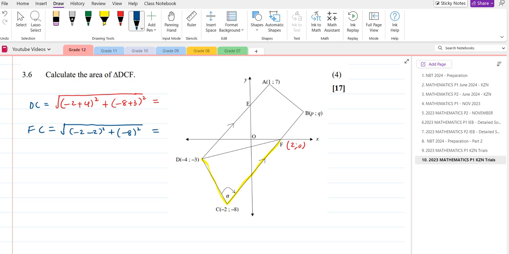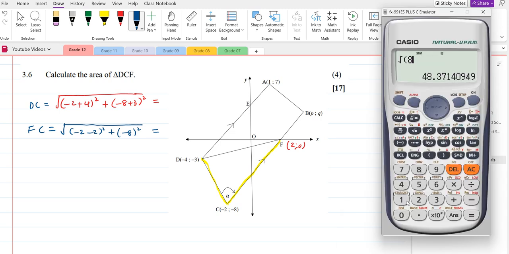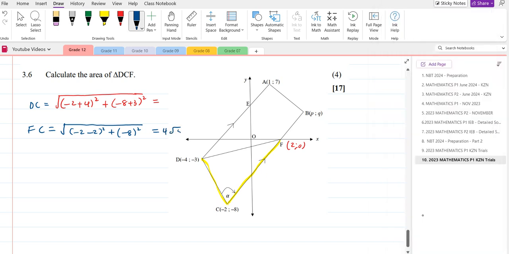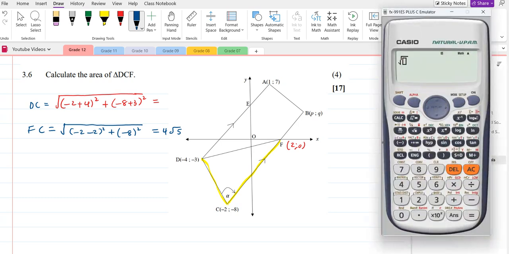Now let's see what this is. This is 64 plus 16, the square root of 80. Let's check what we're getting. Square root of 80, I'm getting 4 root 5. And over here I've got square root of 2 squared, which is 4, plus minus 5 squared, which is 25.